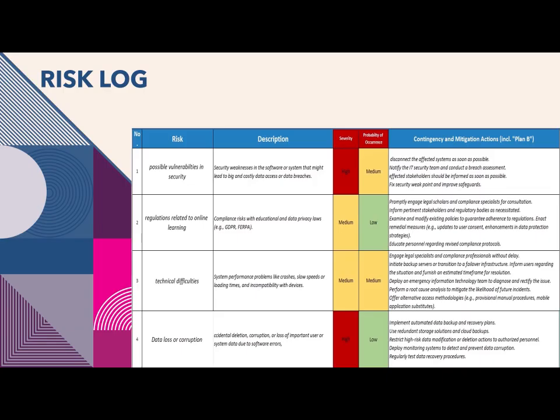On this slide, I have something called the risk log. A risk log is basically a tool used to track risks in projects, and it helps identify problems before they happen. So it allows us to plan solutions ahead of time.